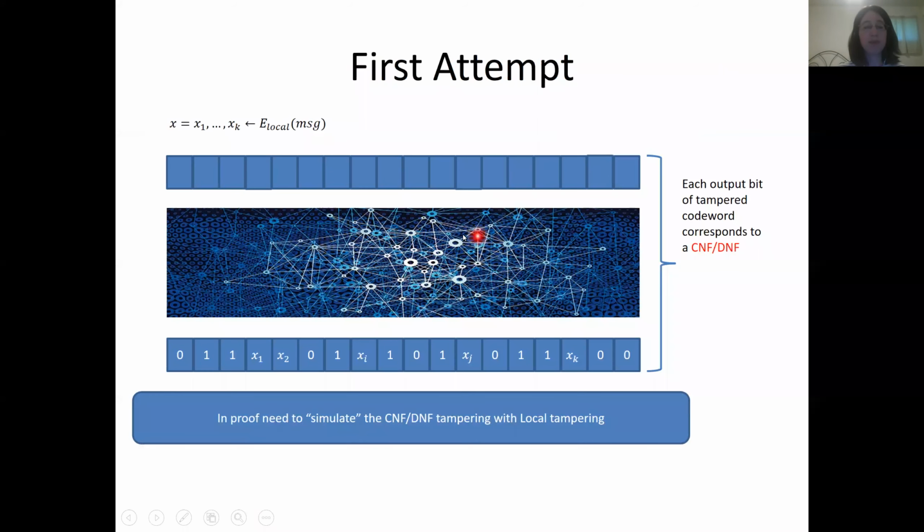Okay, so we're going to first encode our message using our local non-malleable code. And we're going to get a code word X, which has bits X1 to XK.